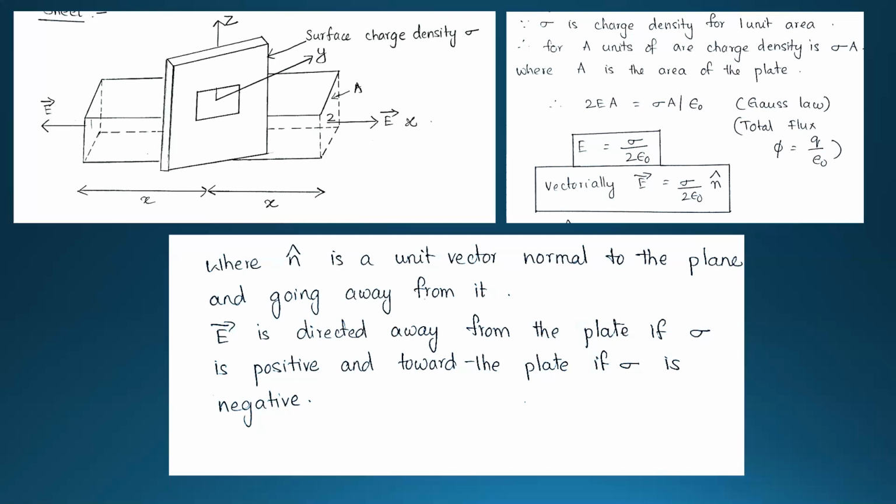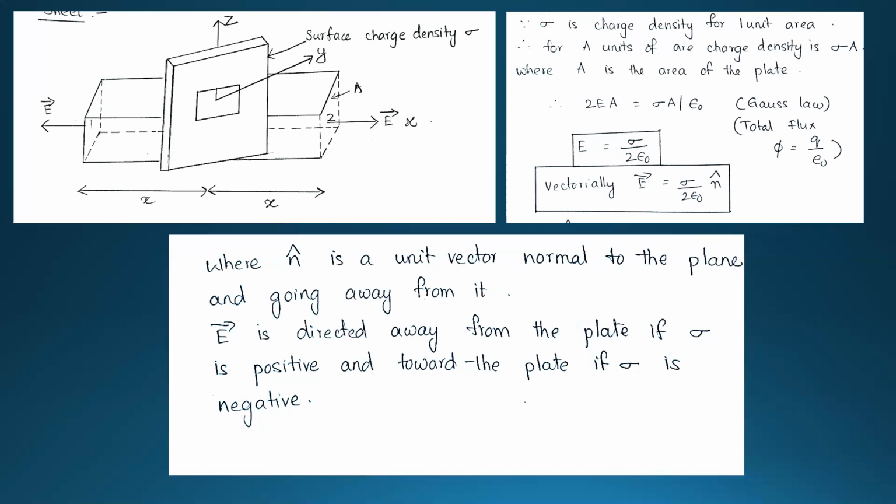After equating both of them, A and A cancel. Therefore, E is equal to sigma by 2 epsilon naught.